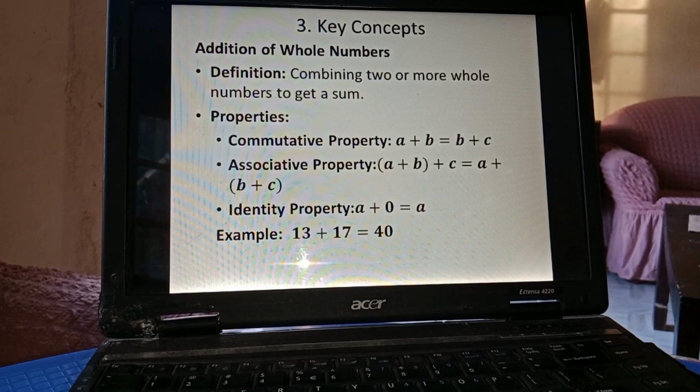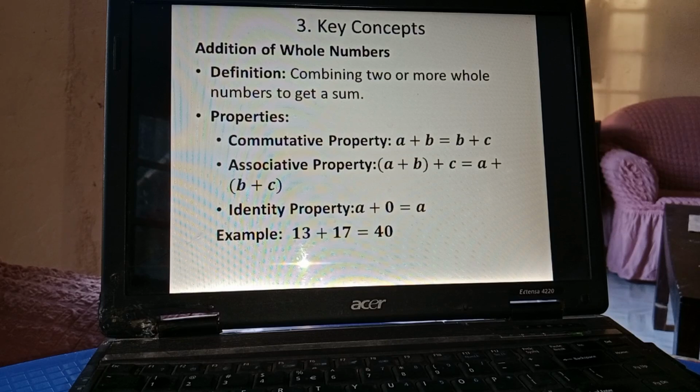Associative property. This is where you have 3 numbers. You first add 2, that is A plus B, then you get a sum, then you add another number C. So that way, if you start with A and B, and then you add C, it's just the same as you start with A, and then you add it to the sum of B and C. So this is what is known as associative property.